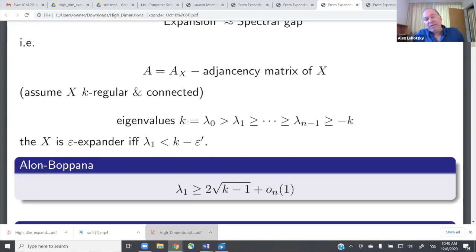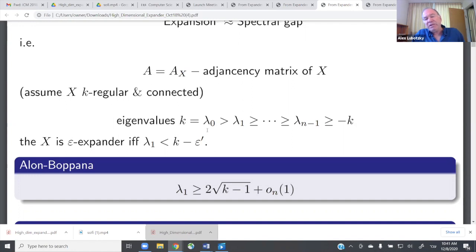Okay, so if you want to get better and better expanders, you want to bound lambda 1 as far as possible from k. In fact, it's a nice little exercise to see that these eigenvalues control the random walk on the graph.